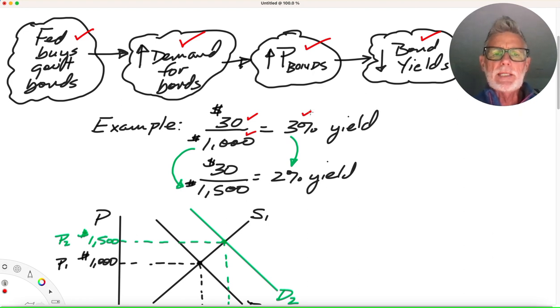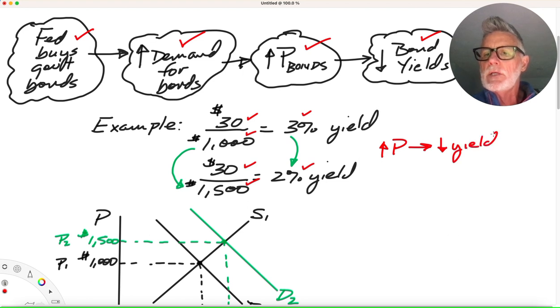But just very quickly, remember these payments are fixed at the point of the bond being sold. That $30 payment on a price of $1,000 yields 3%. Now, if that price were to go up to $1,500, that $30 payment doesn't yield 3%. It only yields 2%.